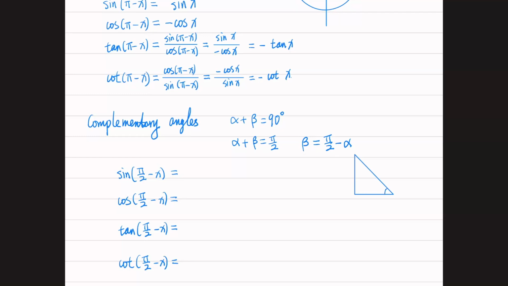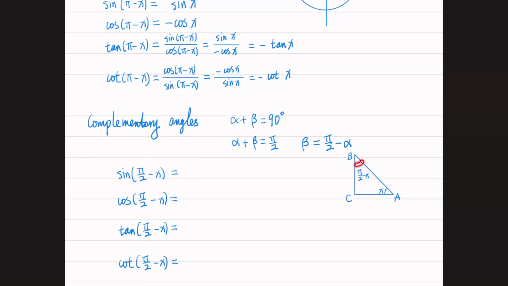Suppose this is x. This will be the complementary. Okay, Aaron. Sine of pi over 2 minus x. How do you find this sine? Sine of this angle.